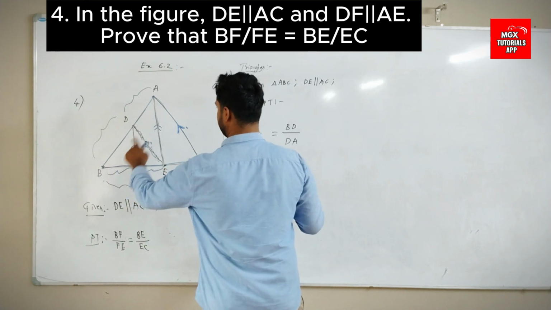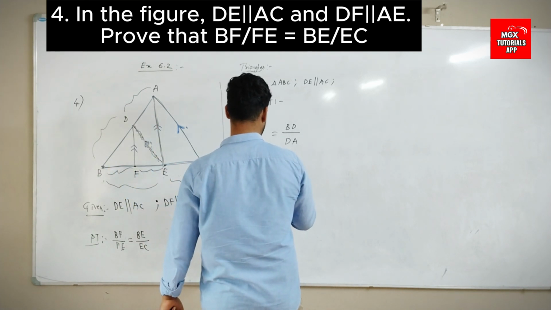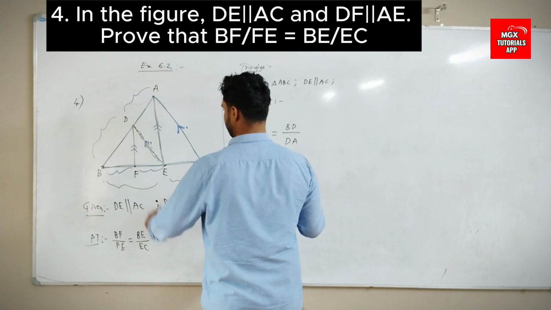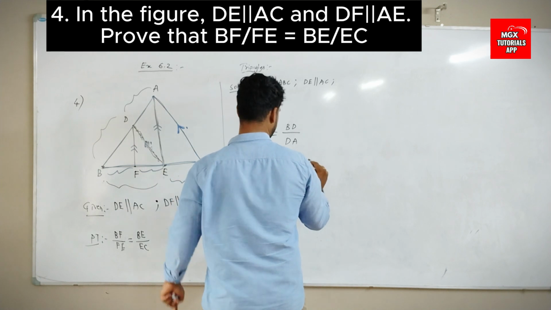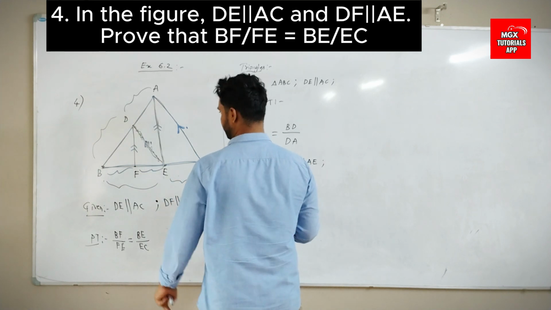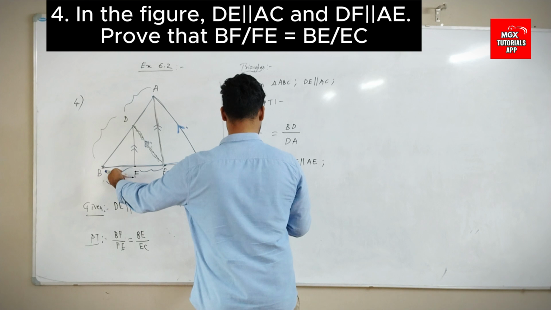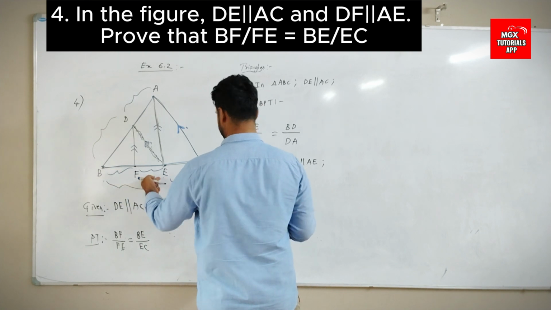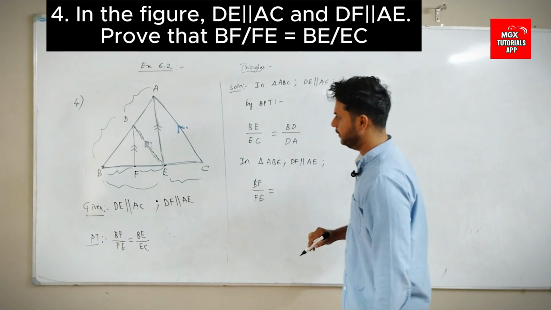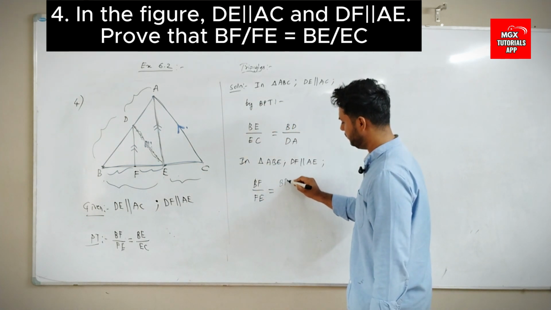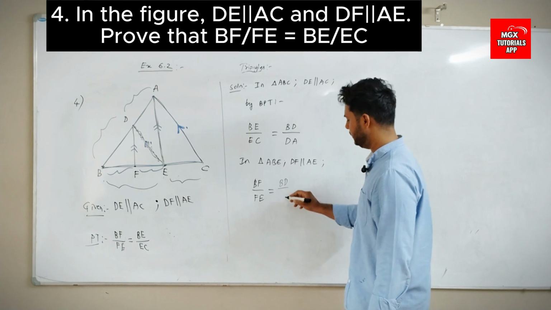In triangle ABE, where DF is parallel to AE, by BPT, BF by FE is equal to what? BD by DA.